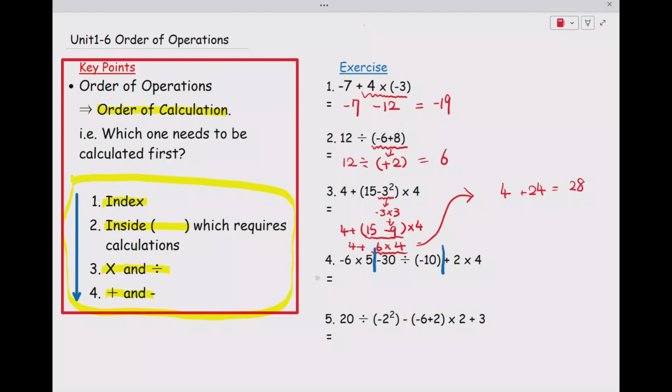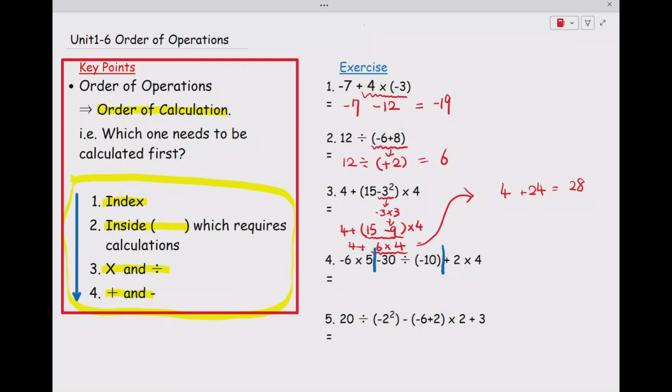Looking at this question, there are neither indices nor brackets that requires calculations. So the next step is multiplications or divisions. There is no priority between multiplications and divisions, so you can go from left to right.